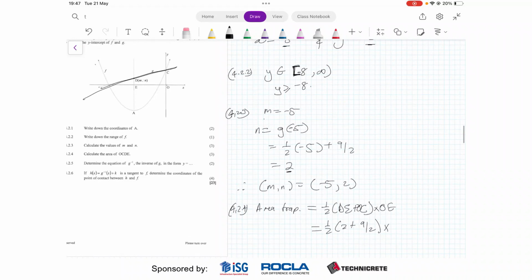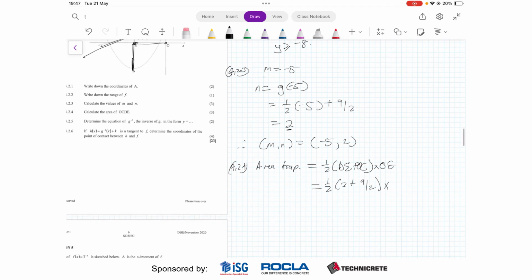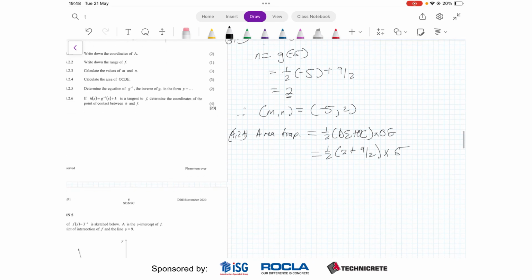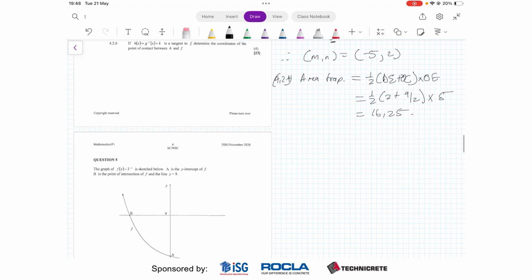OE is the distance from O all the way to E, and we know that the coordinate of A is -5, therefore we multiply by 5. Thus that is equal to 16.25, and that would be the area of your trapezium.